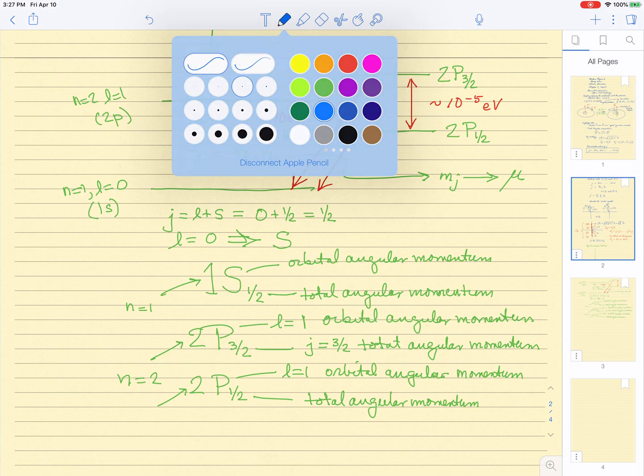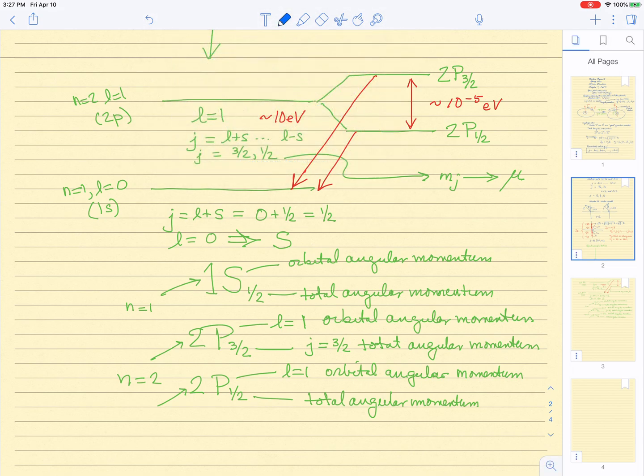So again, if we were to look at the directions of momenta vectors, this is going to be L. In this state, this will be the direction of L. Okay, this is going to be the direction of S, and then this would be direction of mu sub S, and then this would be the direction of S. This would be the direction of mu sub S. And in both cases, B is going to be in this direction as well.